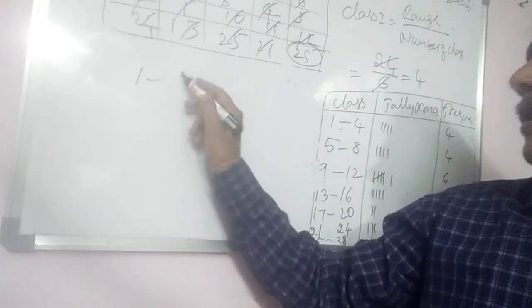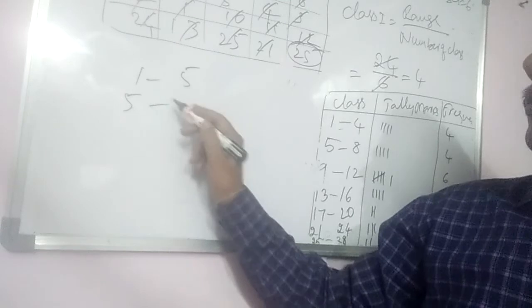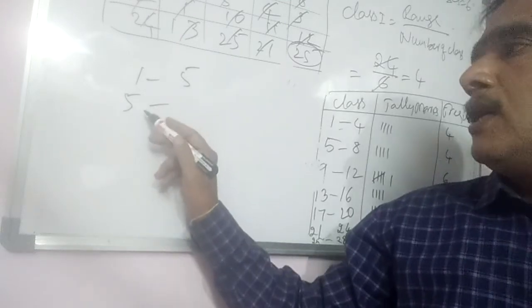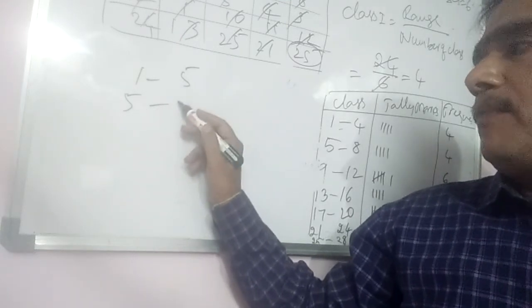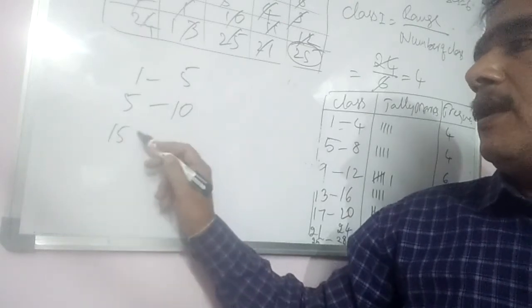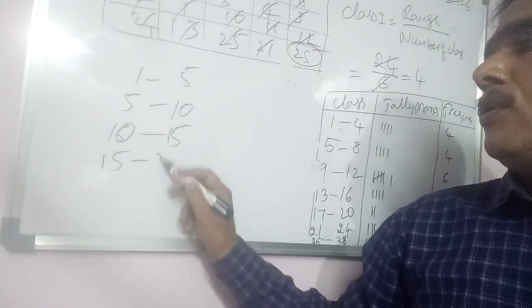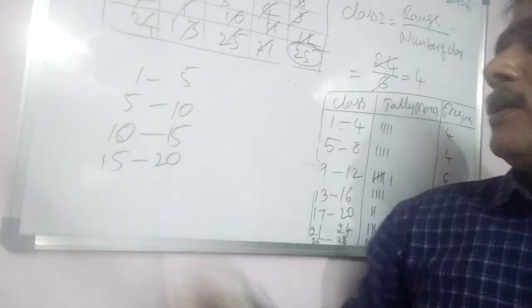1 to 5. Then the next starts with 5: 1 plus 4, 5. 5 plus 4, 9, but we will write 10. Then 10 to 15, 15 to 20.